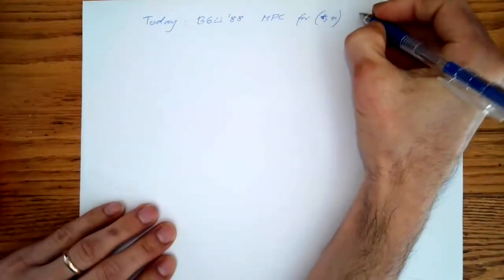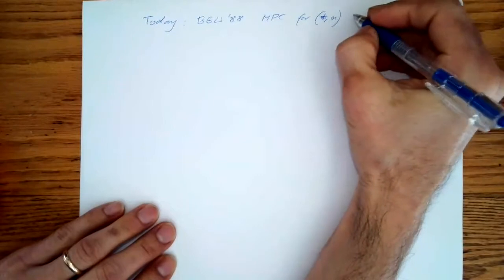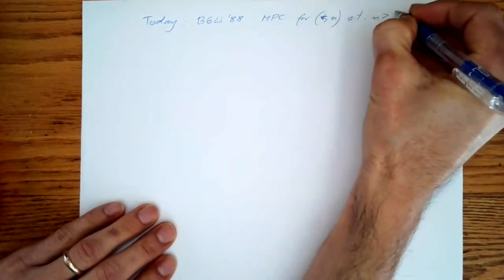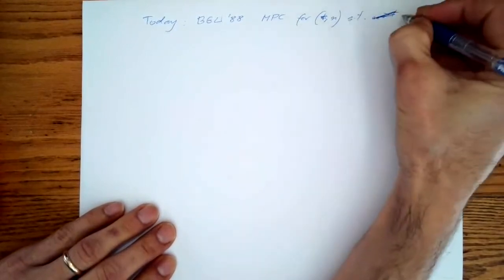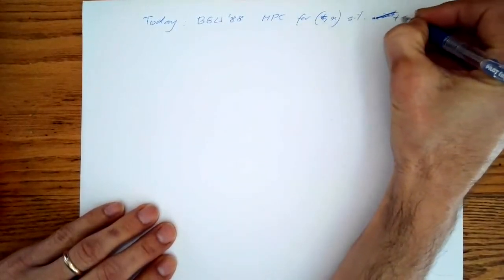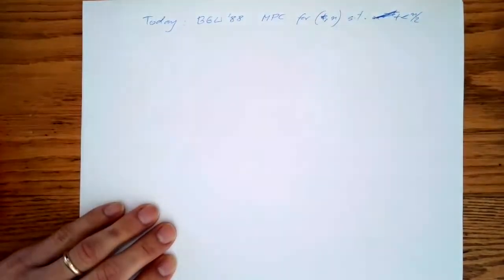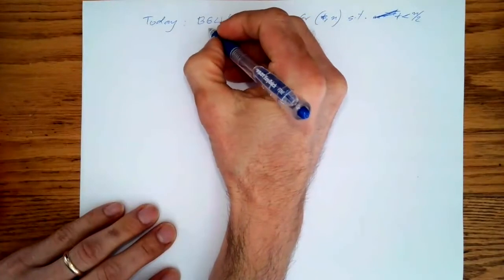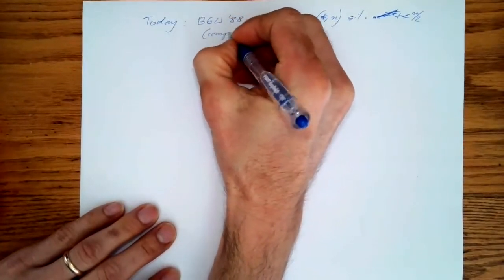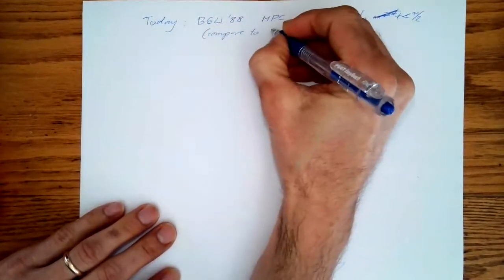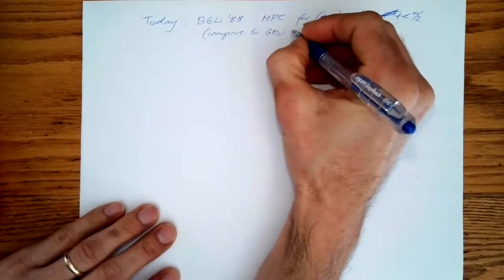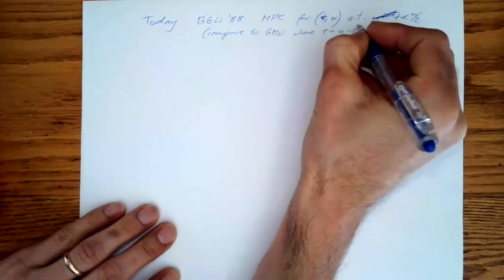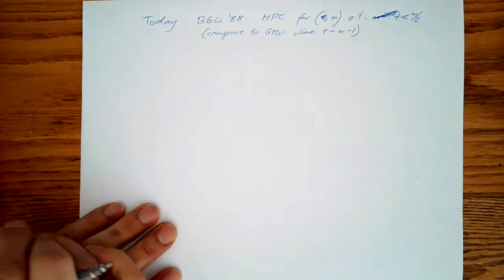Actually, no, for an honest majority, such that n is greater than, that t is smaller than half of n. And compared to GMW, where t was n-1.